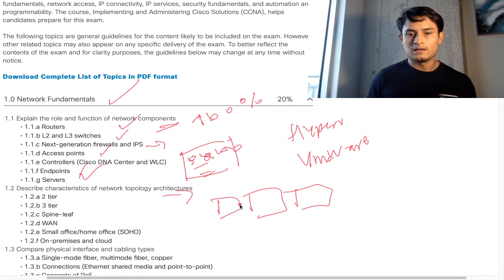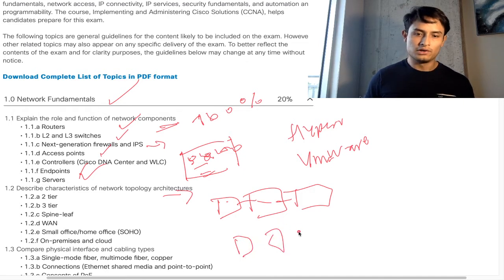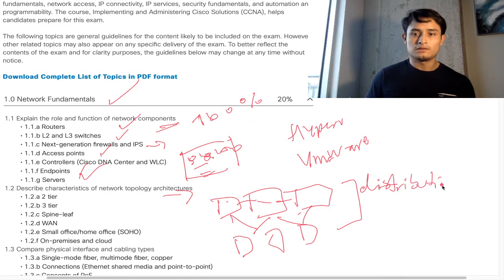These switches are connected to each other, and here you have your end devices, like printers, computers, phones, etc. This topology would be a two-tier topology, because you have distribution and then your access.